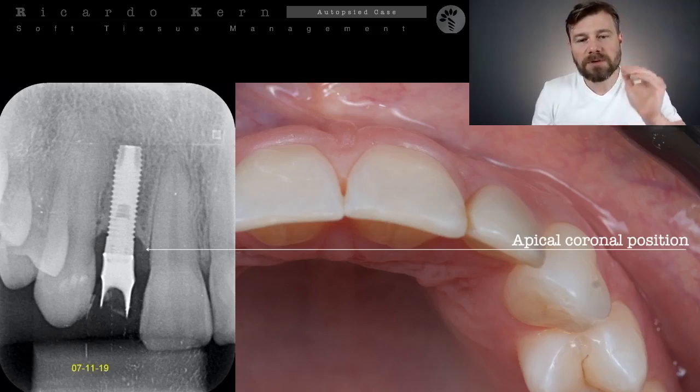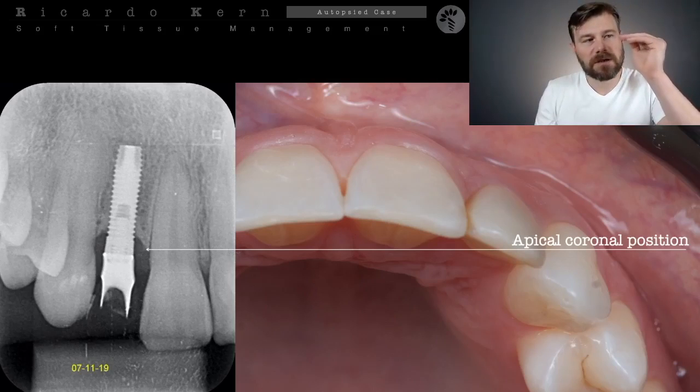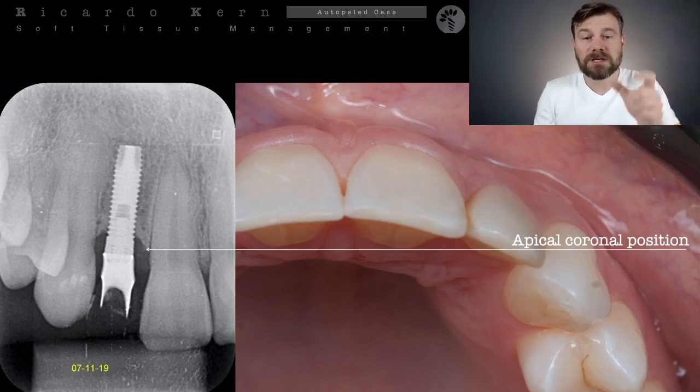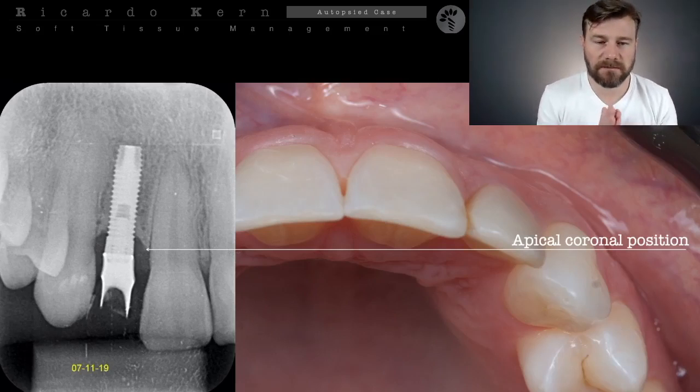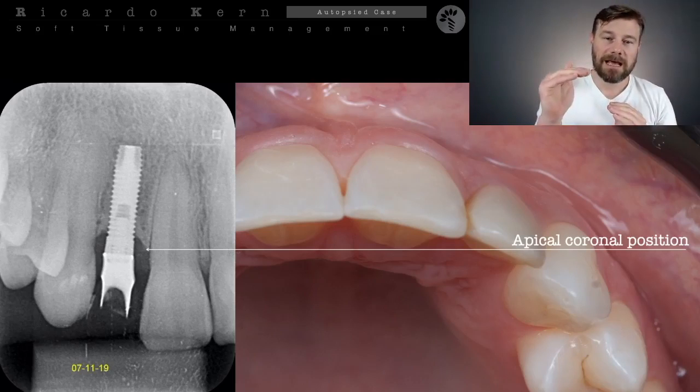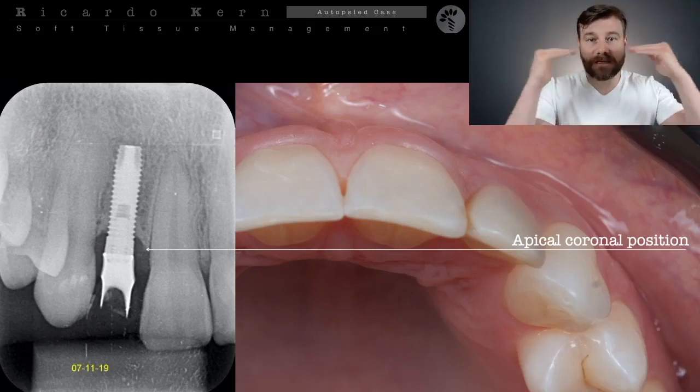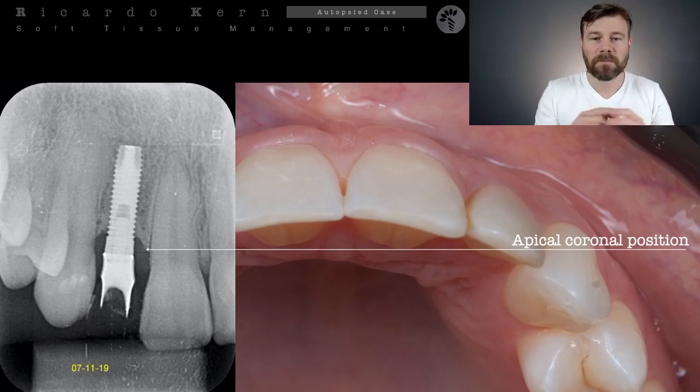And it's very important to make this evaluation of the apicocoronal position of the implant platform, because the deeper this platform is on this horizontal level, the easier it is going to be for you to cover this implant. Sometimes naturally, if the implant is too deep, the tissue is going to cover this implant.